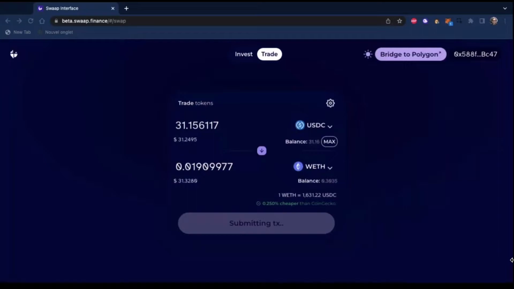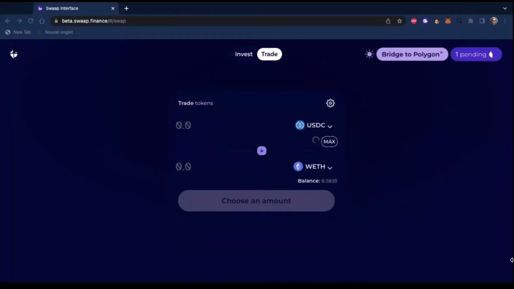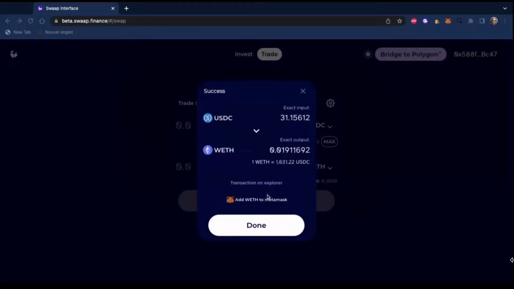And it is going to be executed very, very soon. So right now, I can execute my transaction with a gas of approximately 0.02 Matic. That's also one of the perks of the Polygon network, that the transactions are super cheap and very fast. So it's good also for users that want to reduce the gas fees they are paying.